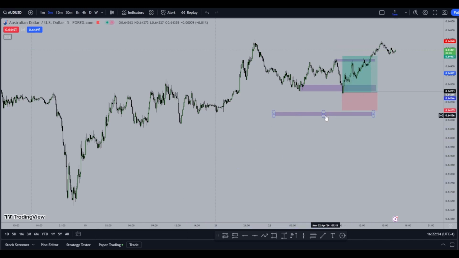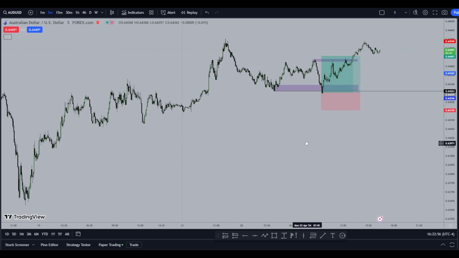So now understand that you have to look for the liquidity grab, or liquidity run, whenever price goes against the order flow.